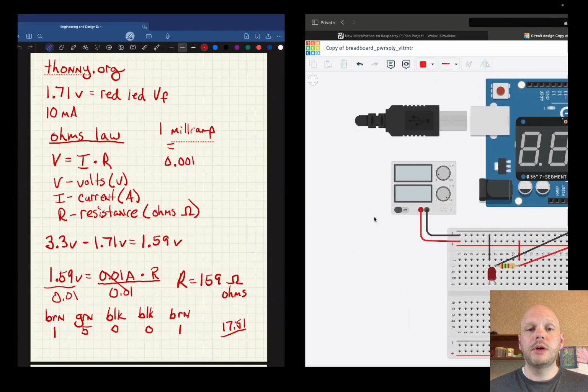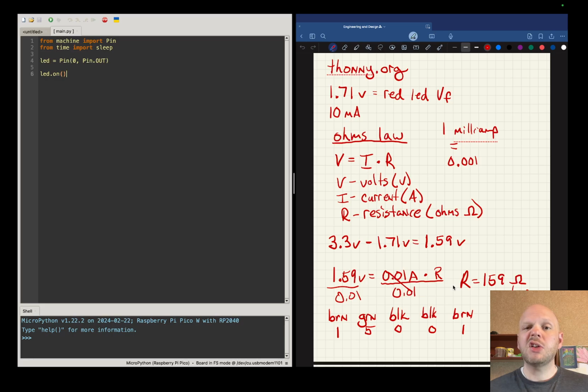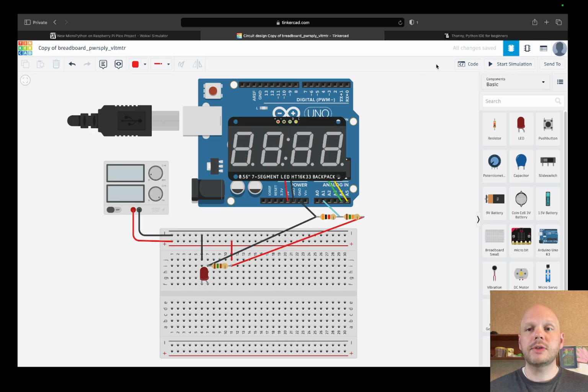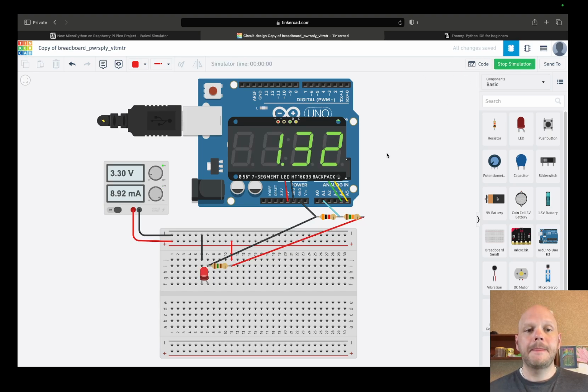So our calculation should be close to 1.7 volts. It'll actually be a little bit less because of our resistor value here. So let's go ahead and run our simulation, and let's see what our voltage drop is. And it's 1.32 volts. And it also has a difference to do with this LED here may have a different forward voltage rating and a different resistance to it.